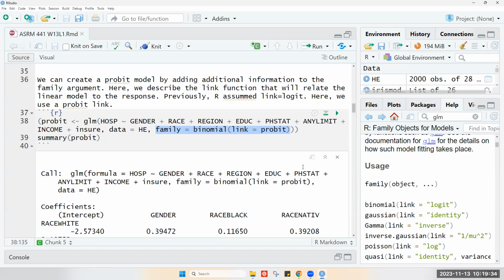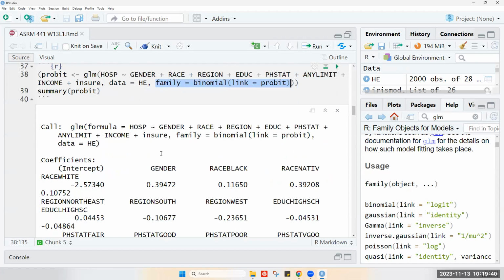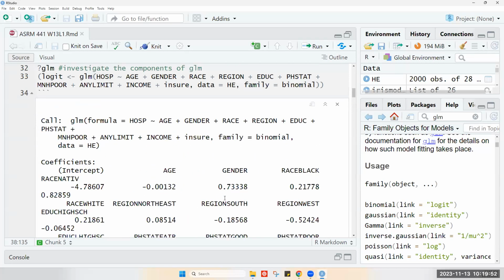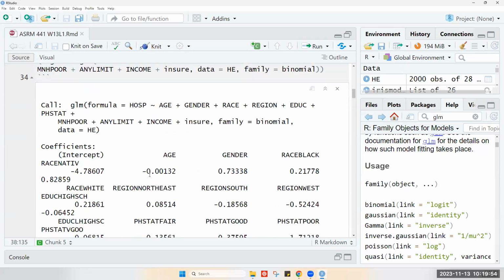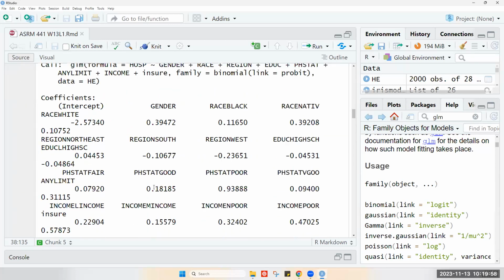And when you do that, you'll get a slightly different set of coefficients, but it should follow mostly the same sort of interpretation. So I would be surprised if there was a coefficient in the logit model that was positive but was negative in the probit model, right?